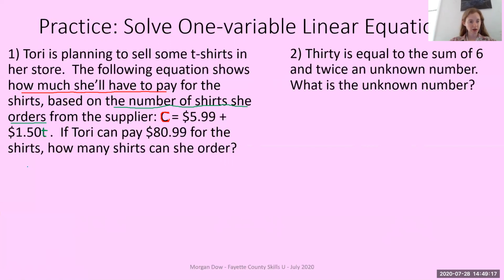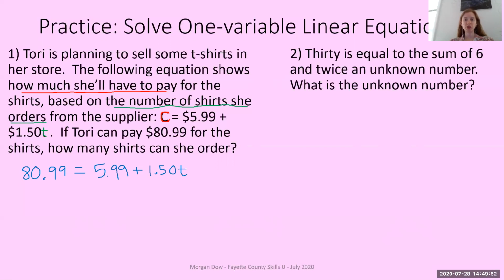So what we're trying to figure out is if her cost is $80.99, how many shirts did she order? What was the maximum amount of shirts that she ordered? So assuming that her cost came out to that $80.99, what does that mean for the number of t-shirts?